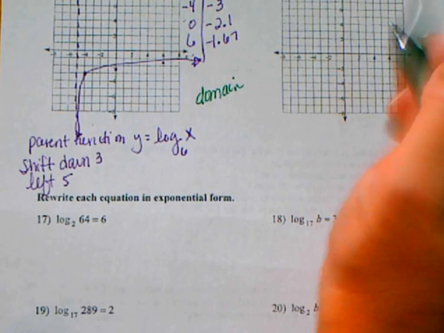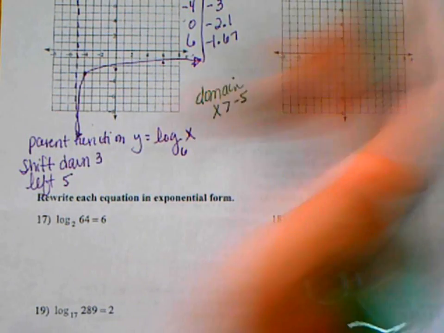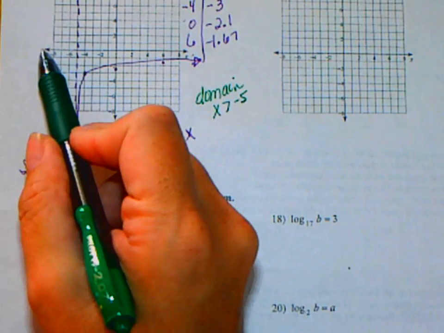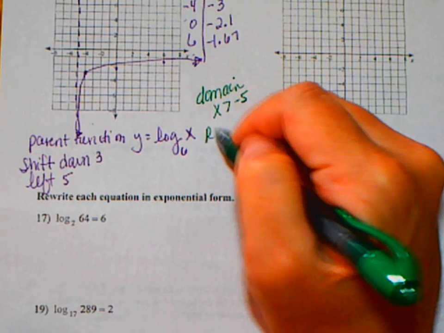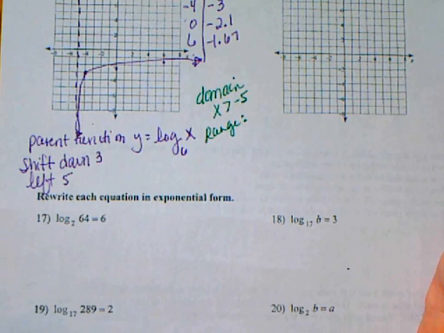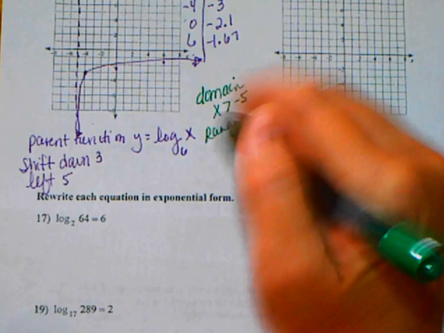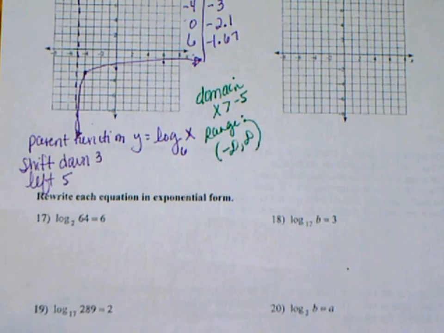X is greater than negative 5. Very good. Because I can't have any x values that are negative 5 or less than negative 5. What's your range going to be? Are there any y values that you could not choose? No. So range is all real numbers. Remember, we could write it as negative infinity to positive infinity in interval notation. You could see it either way.